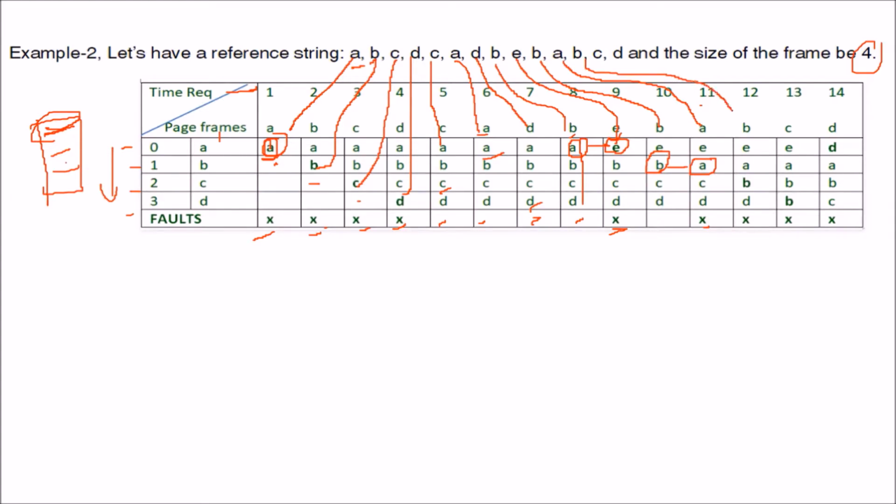Then B has come. Since B is not there, B has been removed. Since C has been there for a long time, C will be removed and B will be kept here. So there will be a page fault. Now C has come, because C was not there.